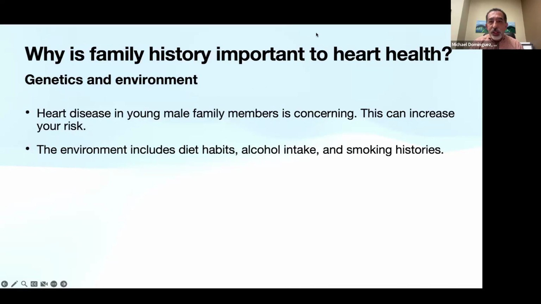So family history is important to heart health because of both genetics and the environment. So we talked about family members, males in particular, dying young of heart disease. It's important to know that so you can actually do something about it before that becomes you. In the environment, what I see often is just bad habits.